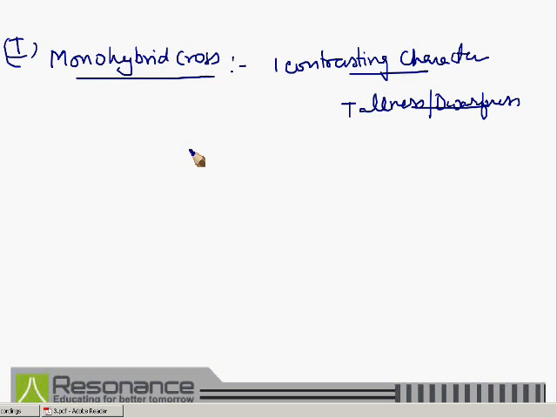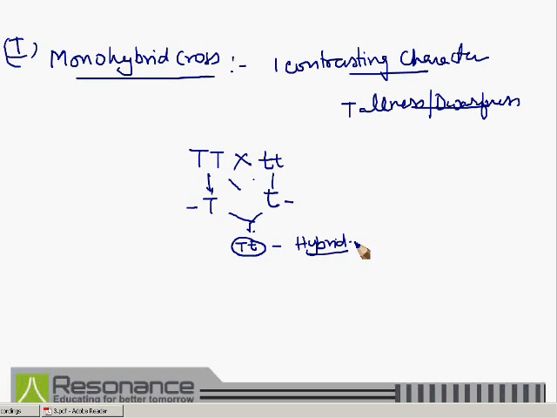In the initial stage, he took a pure tall plant and ensured that it does not have any dwarfism genes present in it, and another pure dwarf plant, and first of all obtained gametes out of them. Each can produce only one type of gamete. When these two gametes meet, again there is a hybrid tall.